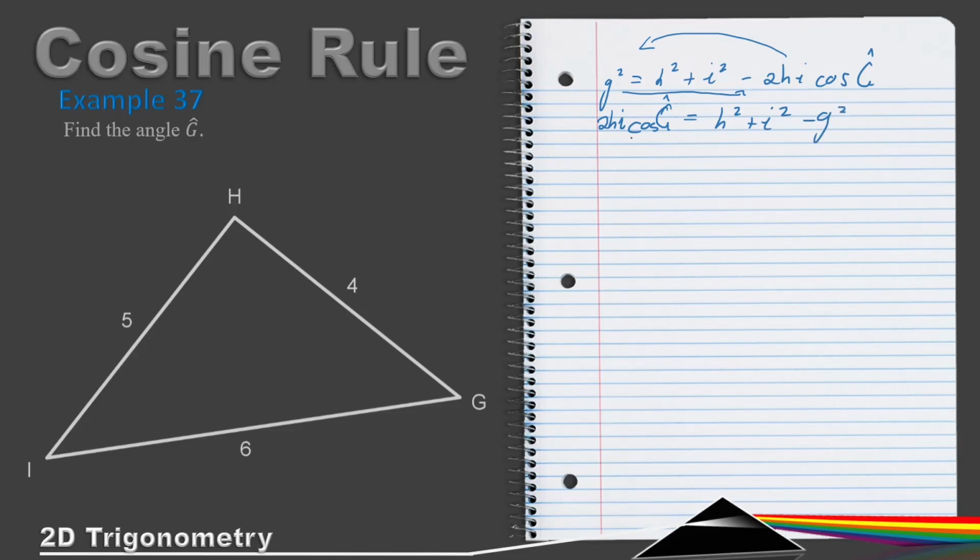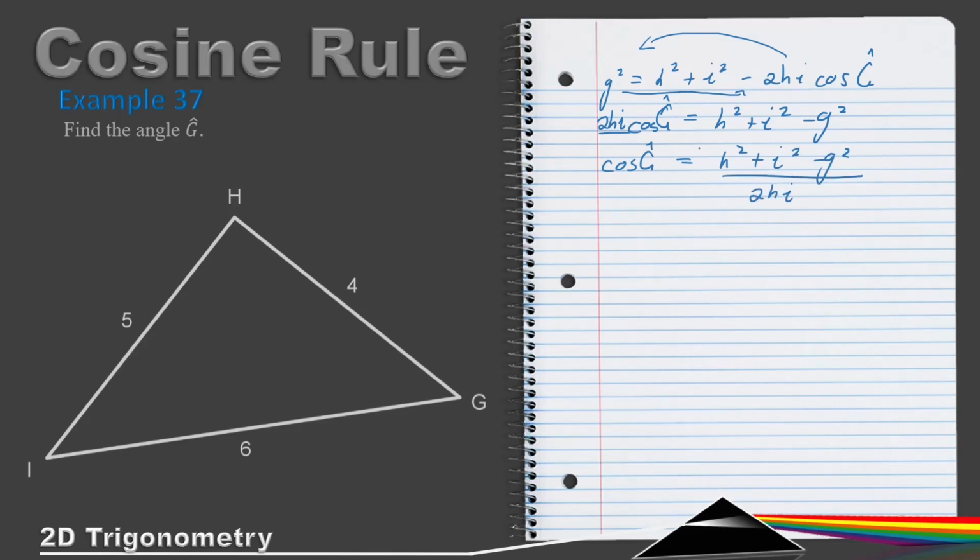Now we want to get rid of this coefficient. The 2HI is just the coefficient of cos G, so we can get rid of it by dividing both sides by it. This leaves us with cos G equal to H squared plus I squared minus G squared, divided by 2HI.